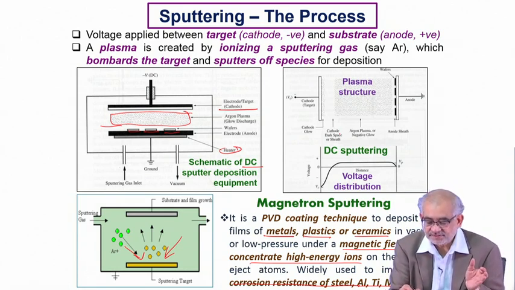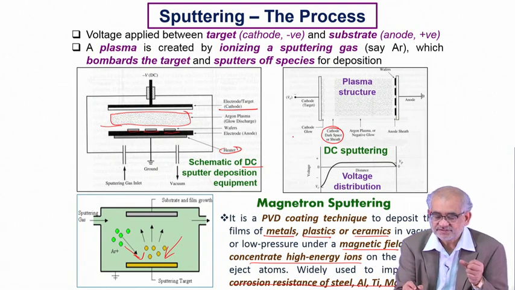So, this is the space I was talking about, which is called the dark space or the sheath. You create a high density plasma all over.